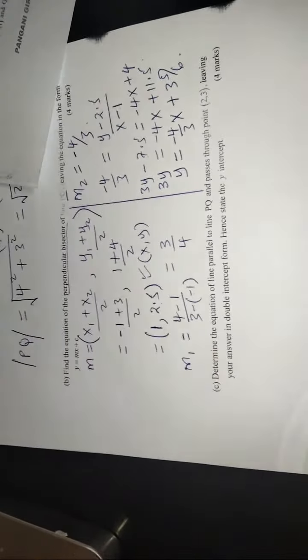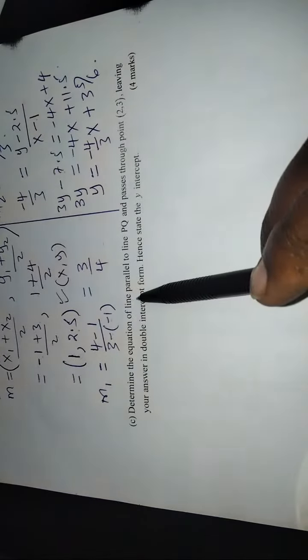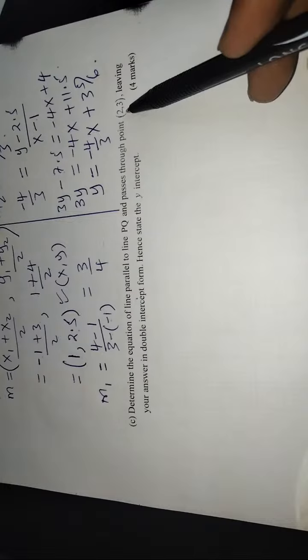We can go to the last part of this question. We are told to determine the equation of the line parallel to PQ and passes through point (2, 3), leaving your answer in double intercept form. Hence, state the y-intercept. I said, and I'll repeat again, that an examination is a set of instructions.